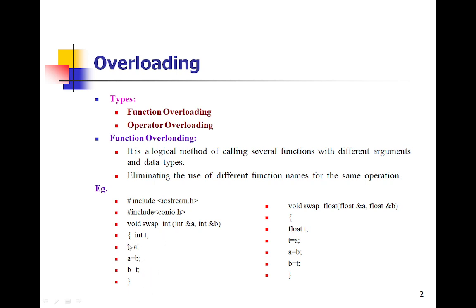The main objective is to swap two numbers, which may be integers, floats, or character values. That is why they have declared several functions with different arguments. The data types may differ, or we can differentiate based on the number of arguments we are passing. Here we pass two integer arguments, int a and int b, or float a and float b, or char a and char b.